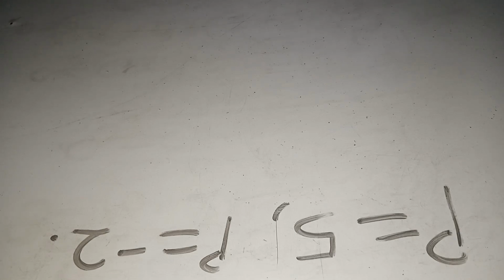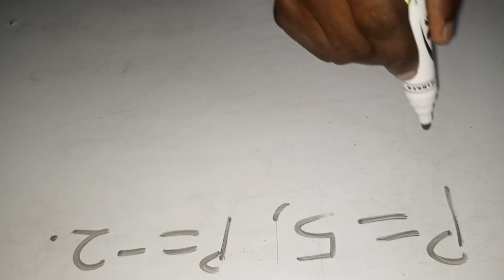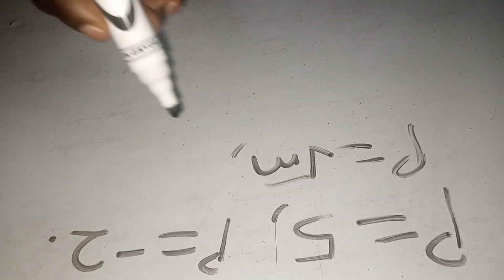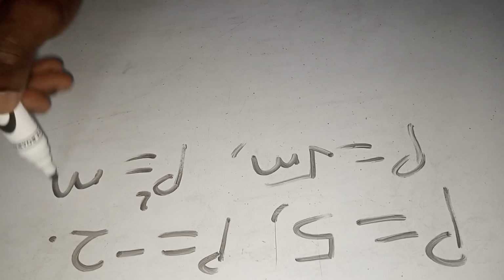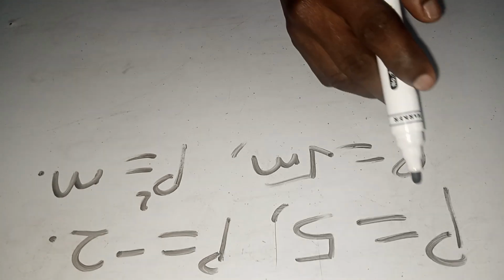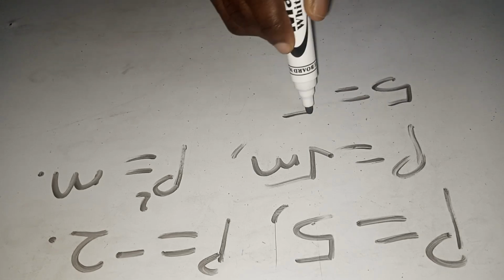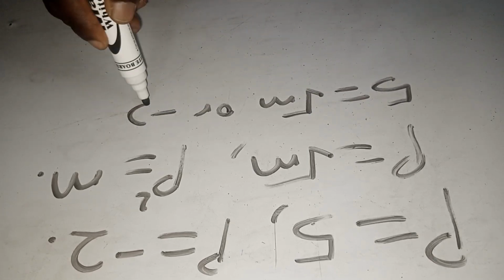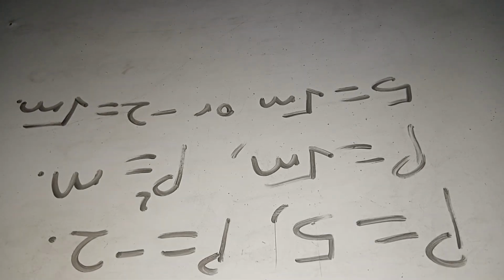Okay, since p is equal to 5 and p is equal to minus 2, recall we said p is equal to root of m, and p squared is equal to m. So we can say 5 is equal to root m, or minus 2 is equal to root m.